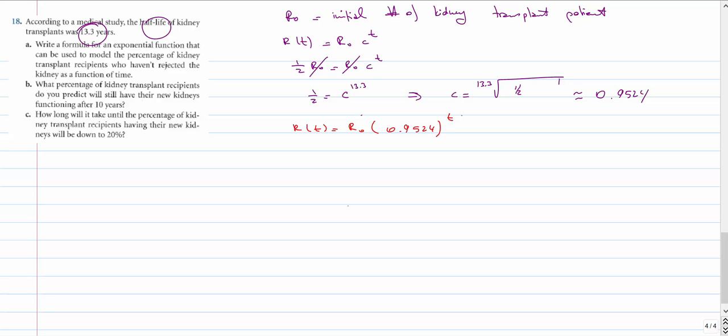B, what percentage of kidney transplant recipients do you predict will still have their kidneys in 10 years?